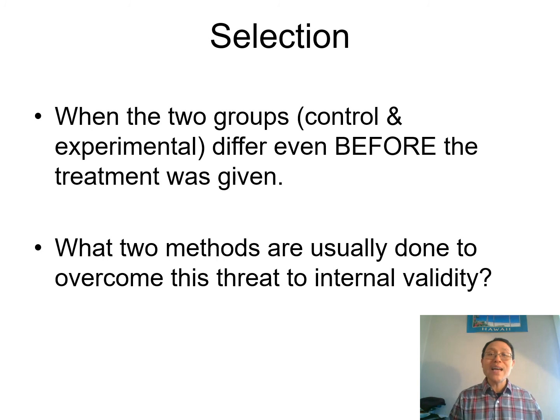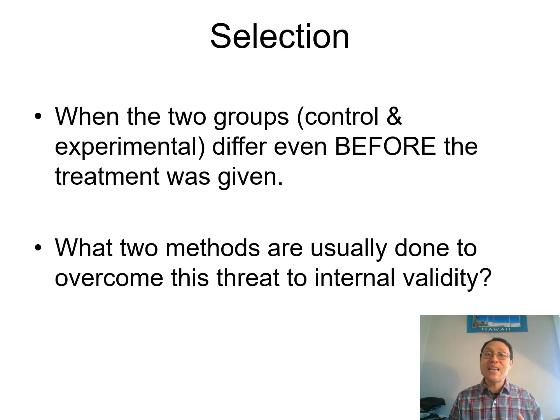This can also be a source of internal validity threat. Okay, now selection has to do with when the two groups differ even before the treatment has started. Right, so selection is something that we talked about in the previous studies, like the exercising and diet study.